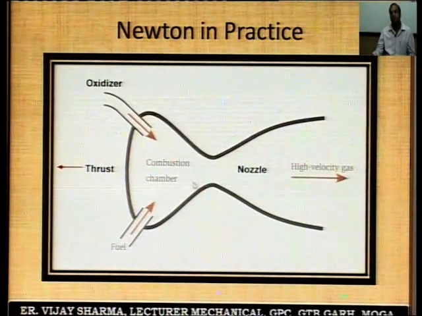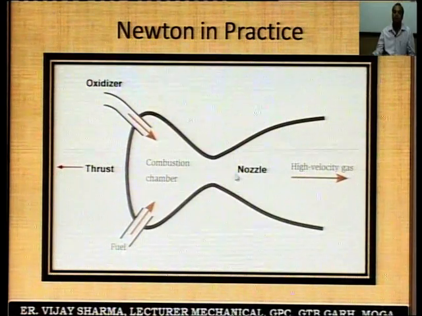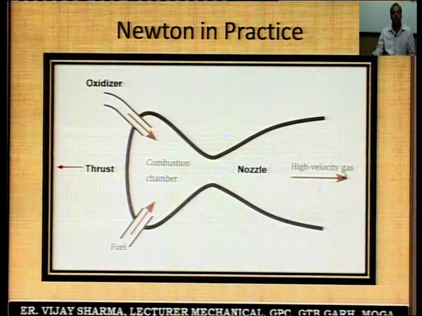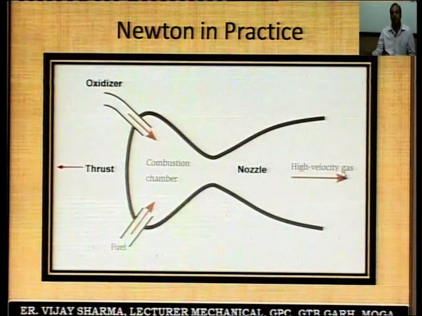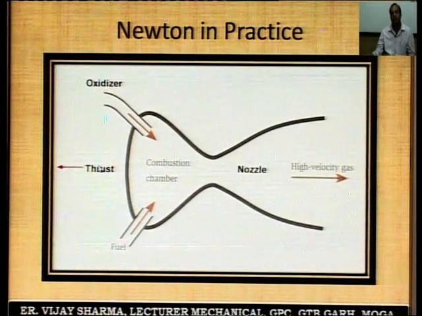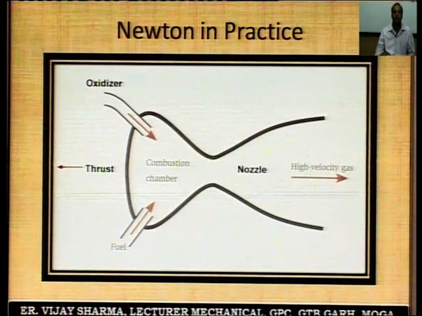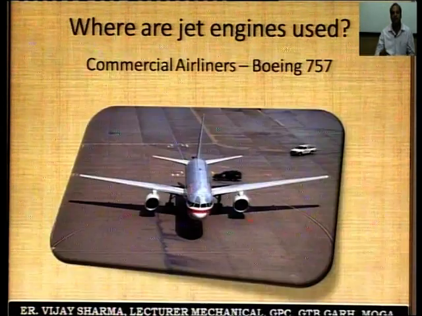The venturi produces high speed flue gases in this direction. By applying Newton's third law, thrust is produced in the opposite direction. So this is the simple idea behind Newton's third law.